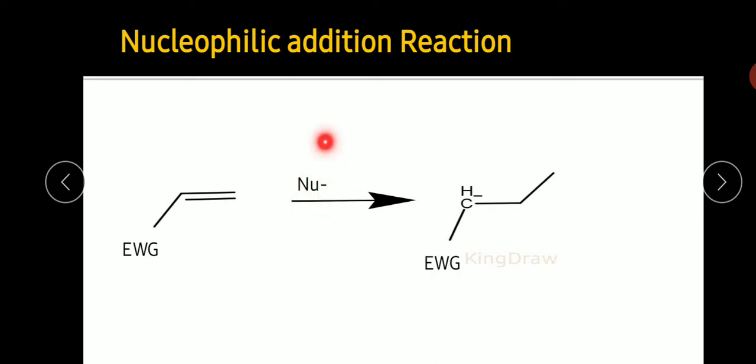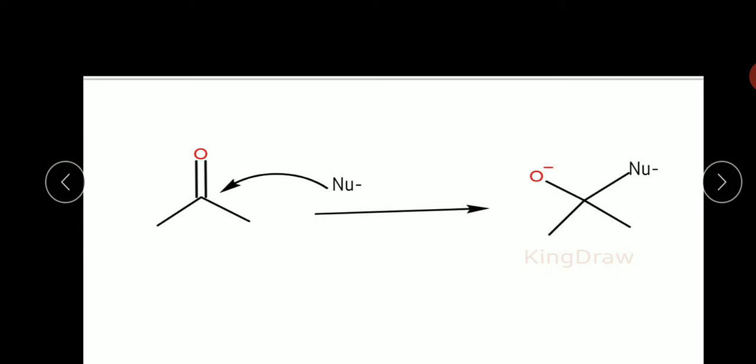This nucleophile attacks on this alkene and formation of negative charge. Then another example is the nucleophile attack on the carbonyl compound, which shows nucleophilic addition reaction. Nucleophile attacks on ketone and formation of O- ion.